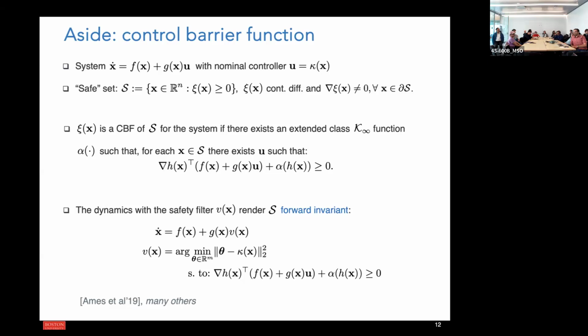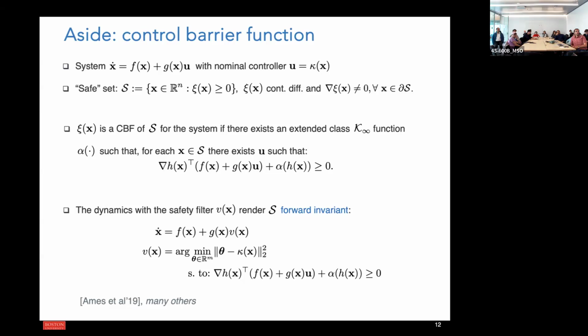I'm not going to touch this issue in this talk, but when I talk about stability of CBF, I mean we have an extended class K infinity function. Anyways, just as a last note, what people have explored in the literature was to design these safety filters, V of X, whereby we are trying to minimally modify the action of the nominal controller in order to guarantee that this condition here is satisfied.